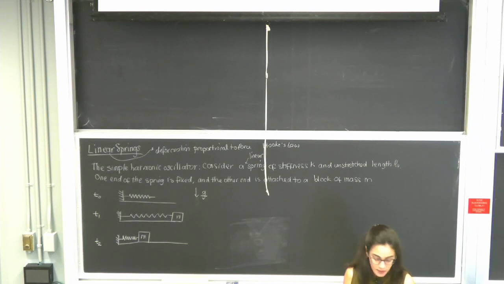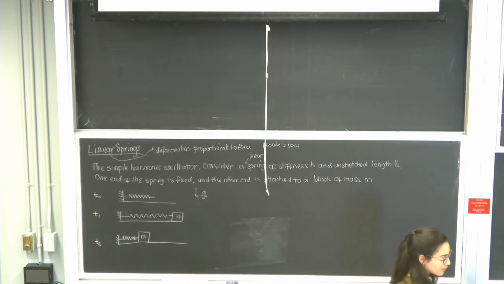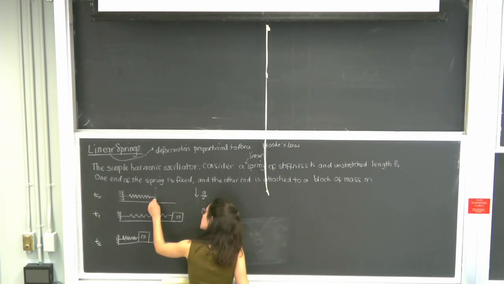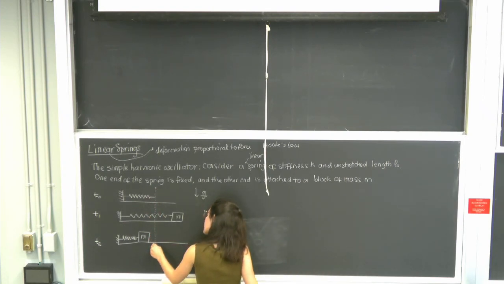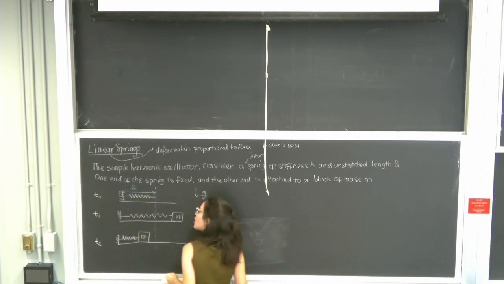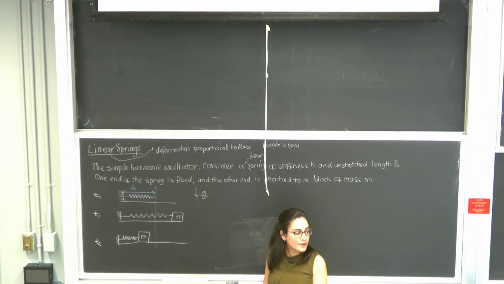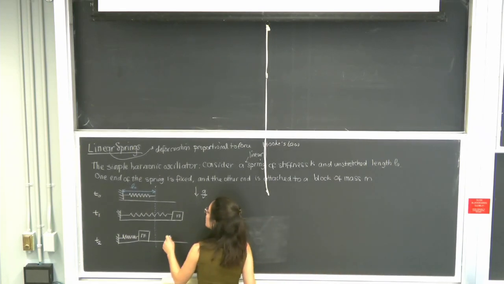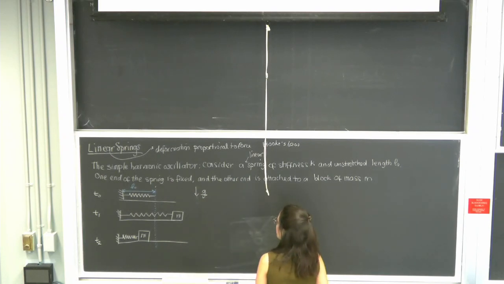Okay. Where's my colored chalk? Here. So we have our spring. Here is the undeformed length of the spring. When no force is applied to the spring, we have its length L0, the unstretched length. I'm going to call epsilon the deformation of the spring.